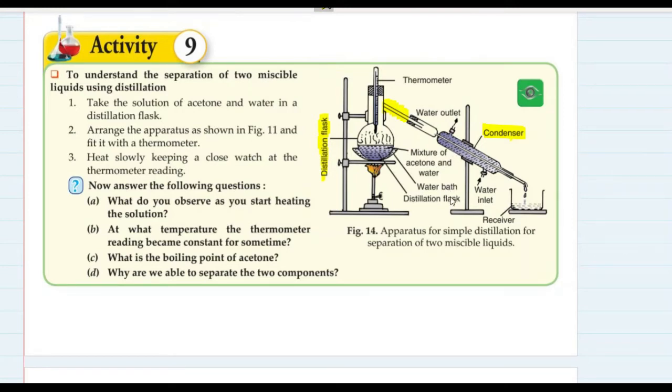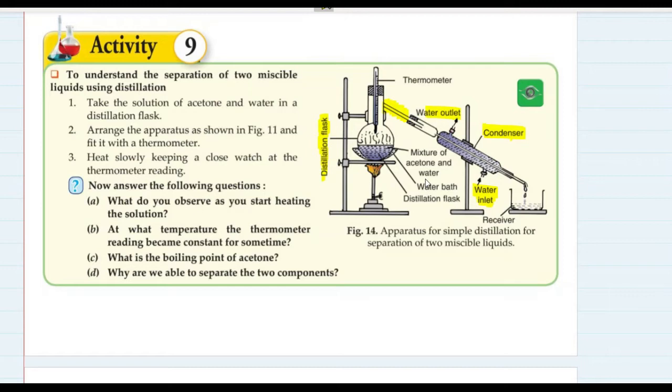Acha, what is this water used for? The water is put in from this inlet at the bottom, and it goes around this tube, and it comes out through this upper part. Now this water, which is normal tap water, has no use in mixing with the constituents of this mixture.